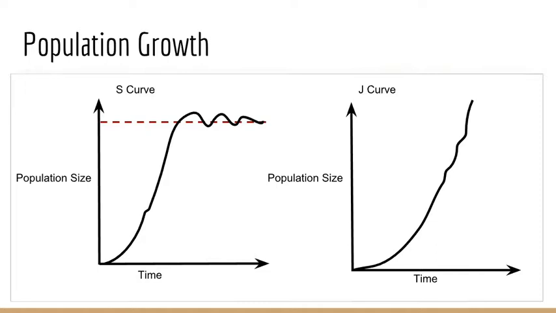A lot of times we'll see that if we do an experiment where we are culturing bacteria and we add some bacteria to a culture, they will start off growing really slowly and then they'll grow very, very rapidly. And that's an example of an early J-curve. But every single population that we know of has eventually turned into an S-curve. No population, this is foundational, no population can grow infinitely.